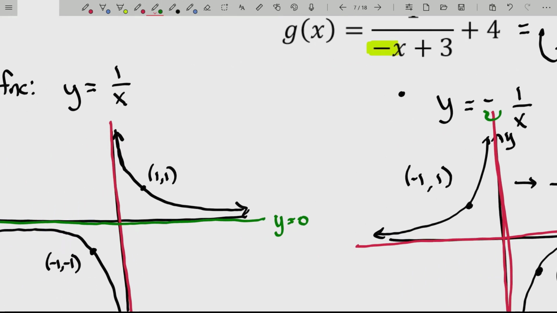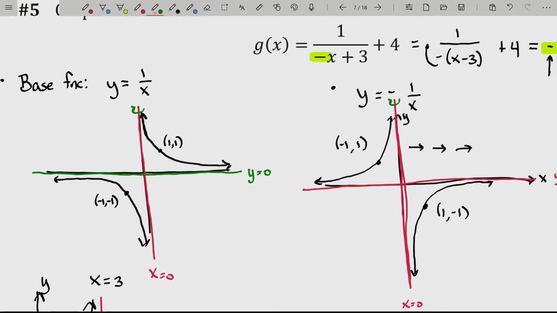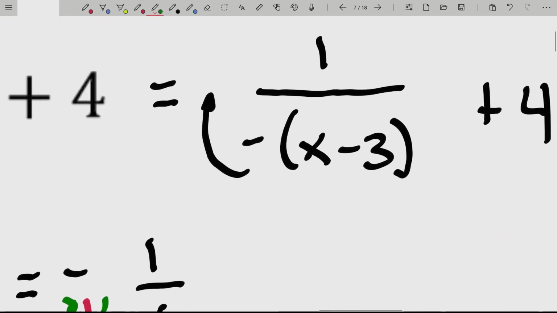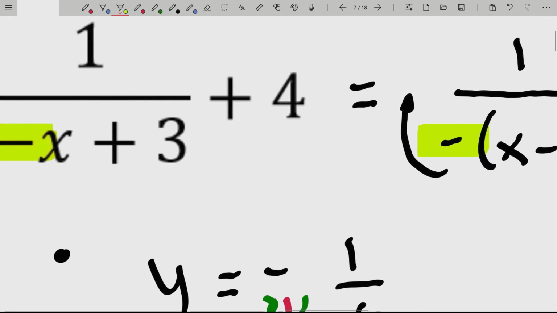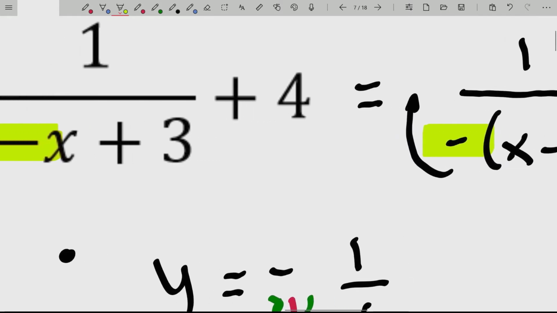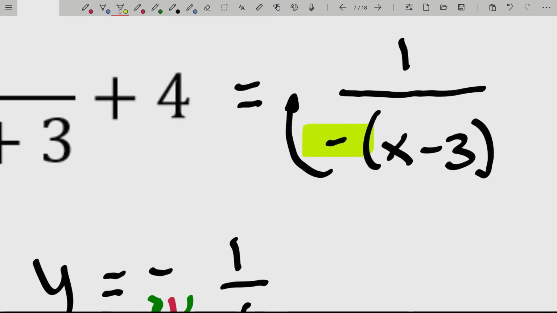So it should take this curve and reflect it about the y-axis. But isn't that exactly what it would look like if it reflected about the y-axis? So in this case, a reflection about the y or the x is exactly the same, but you could have done it that way. However, no matter what, to figure out what the horizontal shift is, you would still have to factor the negative off of these two terms in the denominator.